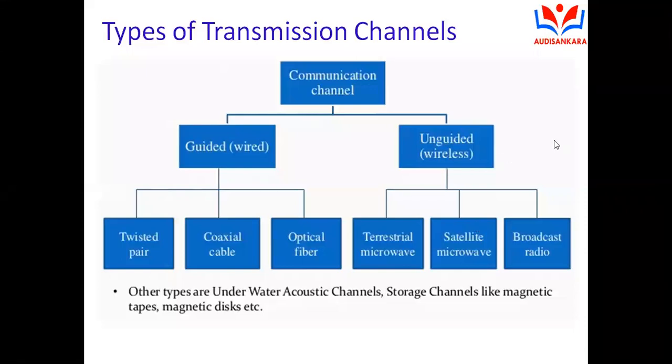Coming to the transmission channels, the communication channel between the transmitter and the receiver may be categorized into two types. As I already told you, connection oriented and connectionless. Those channels are also called guided transmission media and unguided transmission media.